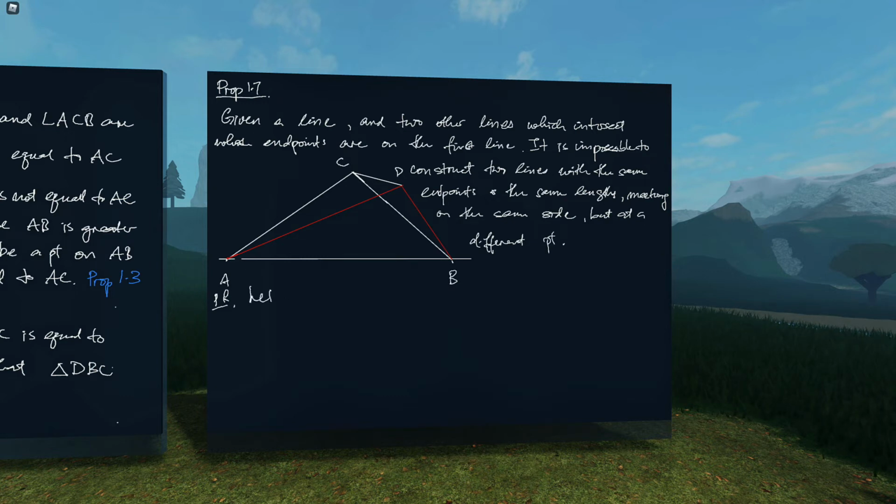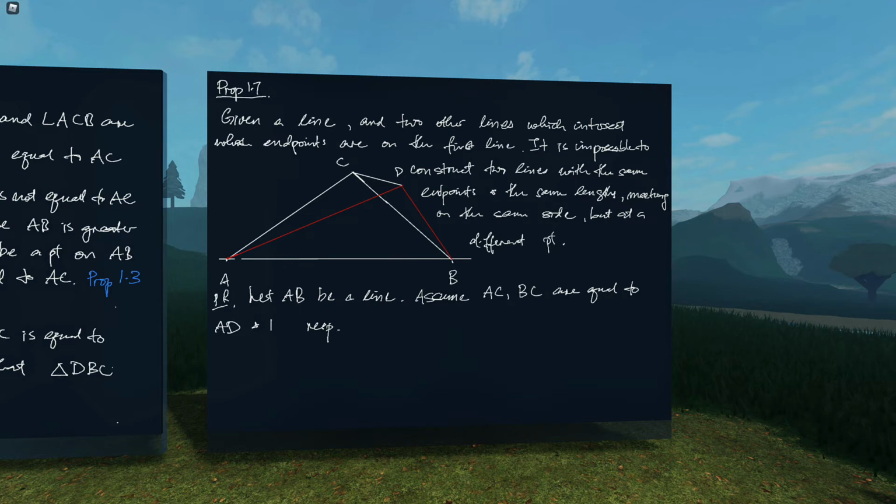So let AB be a line, as shown, and assume AC and BC are equal to AD and BD, respectively. I just wrote DD, which is not what I meant to write.